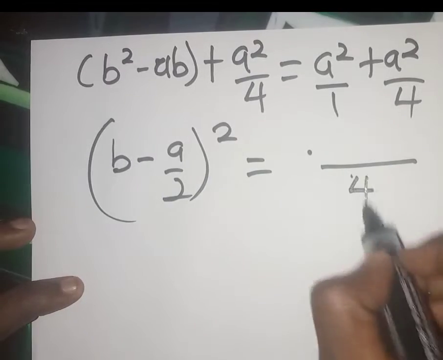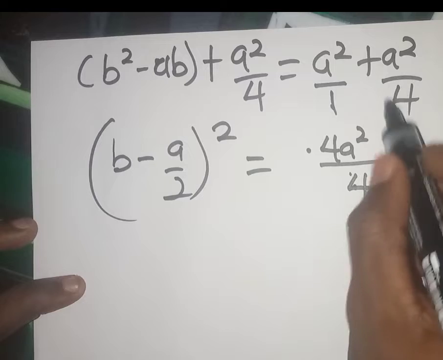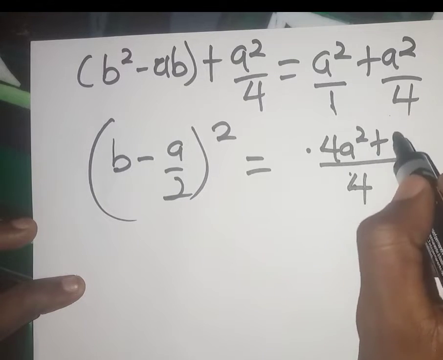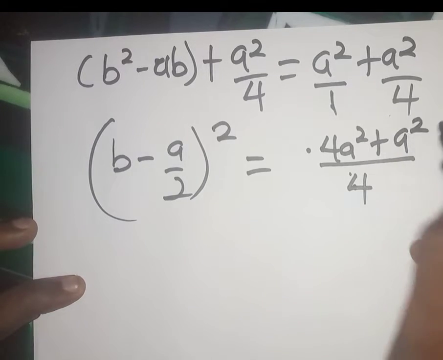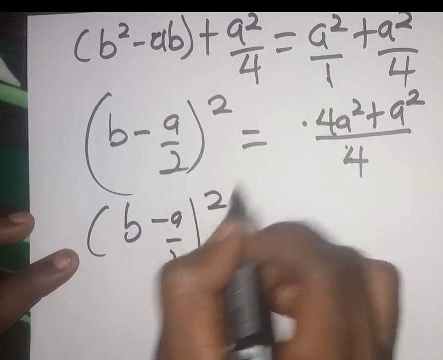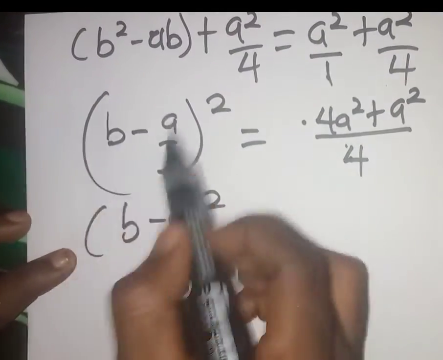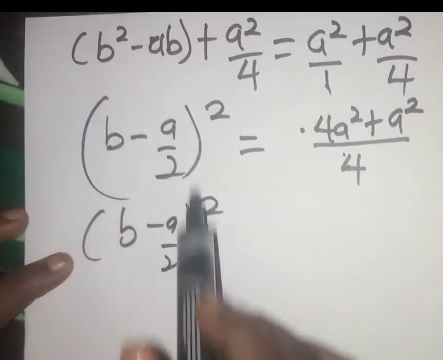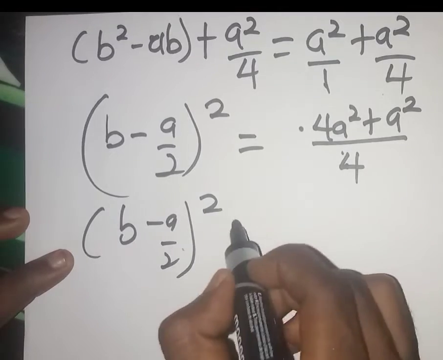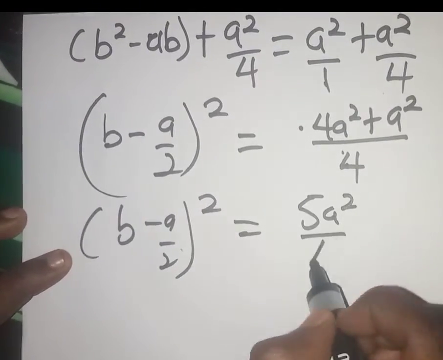We have the LCM to be 4, this goes into that 4a squared, and then we have this to be plus a squared. So basically when we expand this, we are going to get this. So we can write the equation in that form. Now we have this to be 5a squared being divided by 4.